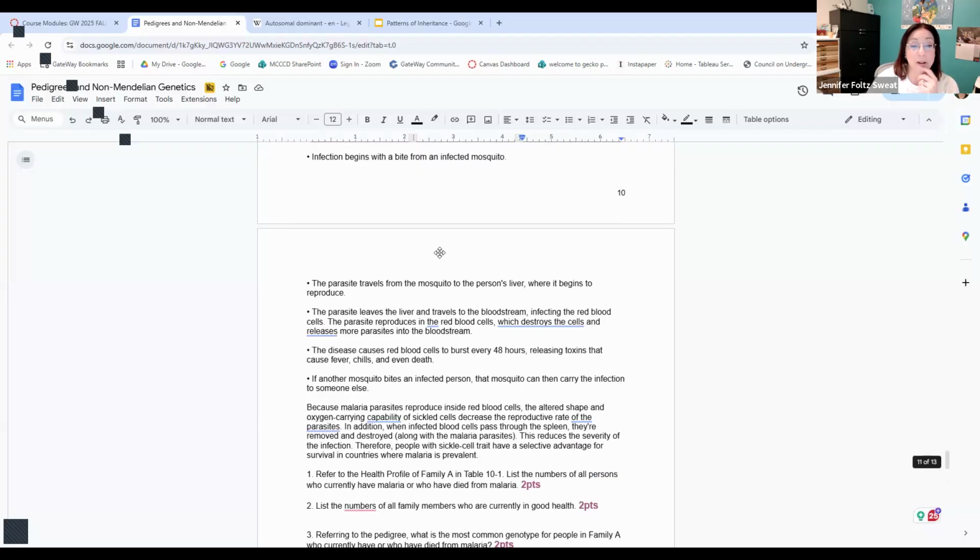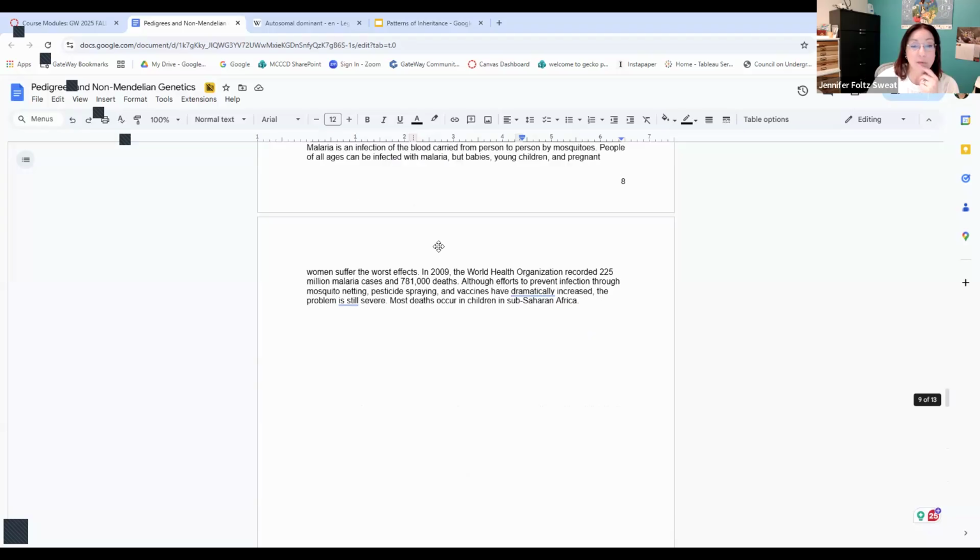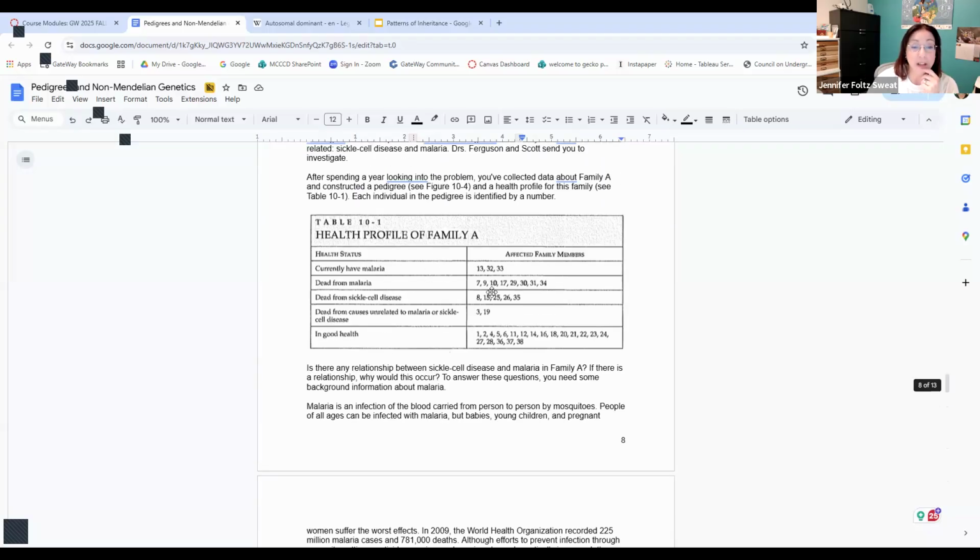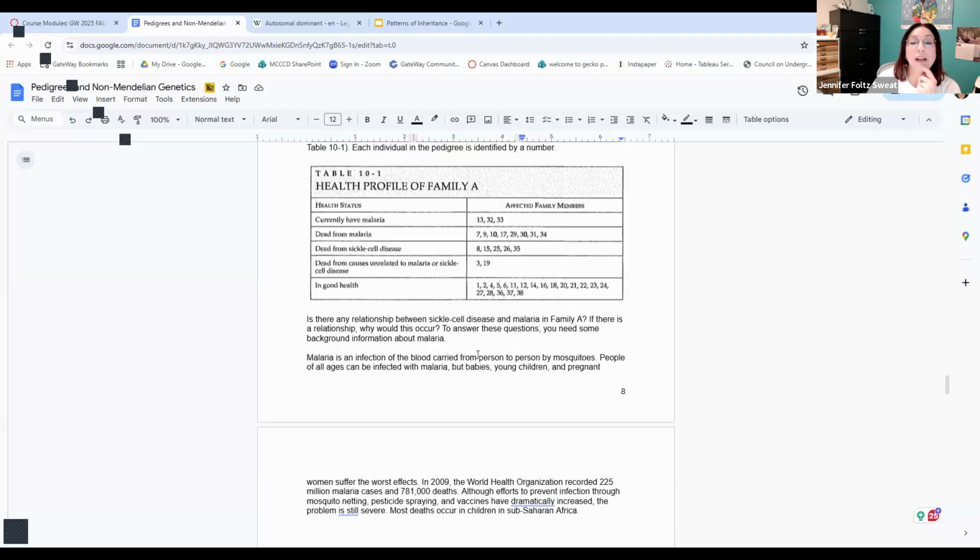So if you look up here, the number of people who died of malaria are, so we have 1, 2, 3, 4, 5, 6, 7, 8. How many individuals do we have total? We have 11, 12, 13, 16, 17, 18, 19, 20, 21. 38.